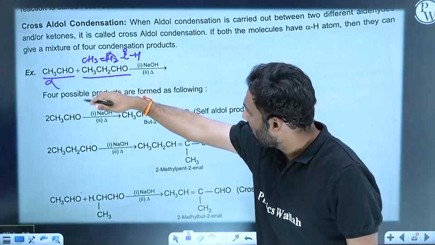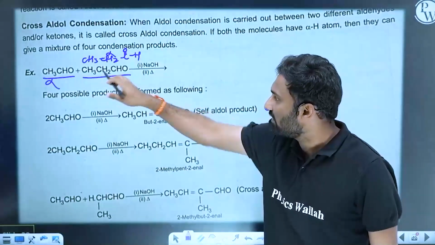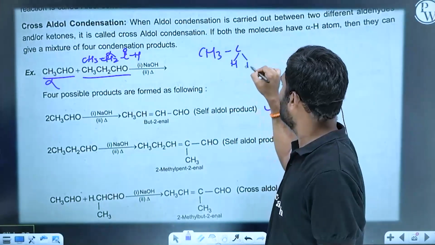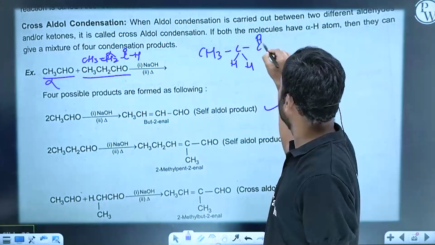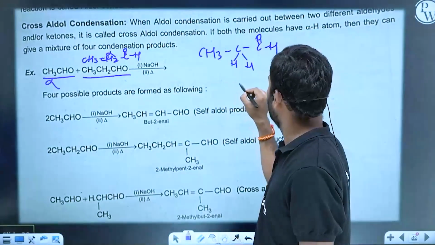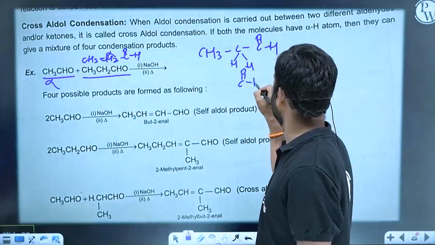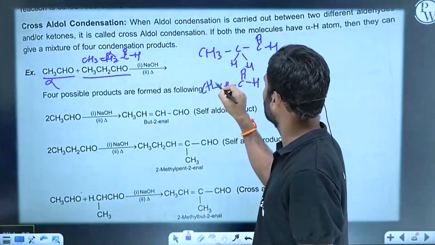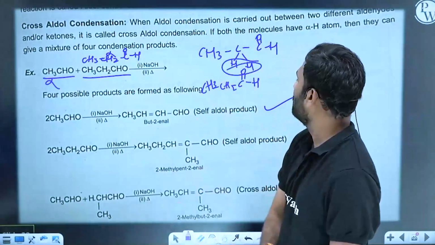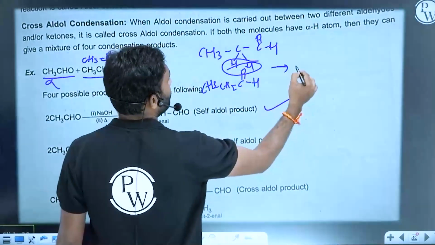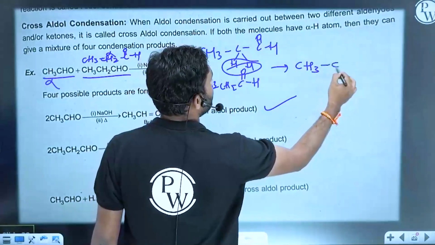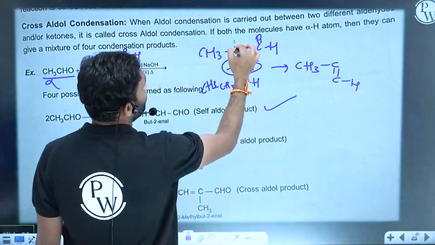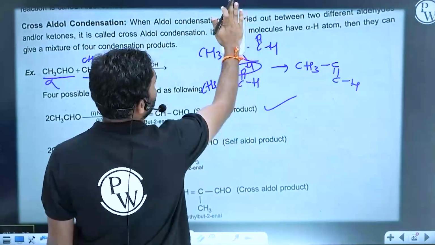Again this also will react with itself, because here also it has CH3 CH2 C double bond H. Now elimination of a water molecule takes place. Now what will it give? CH3 C double bond C, here one hydrogen.